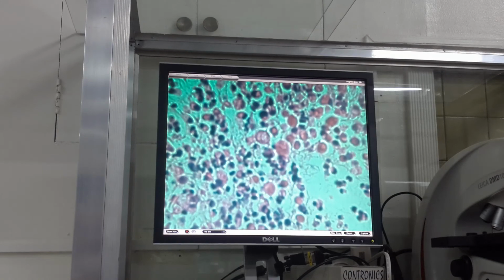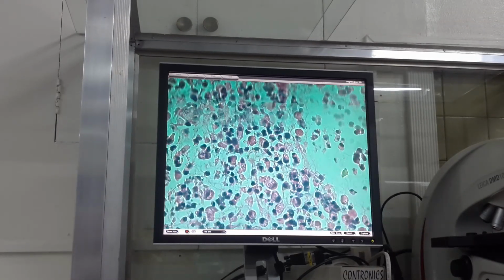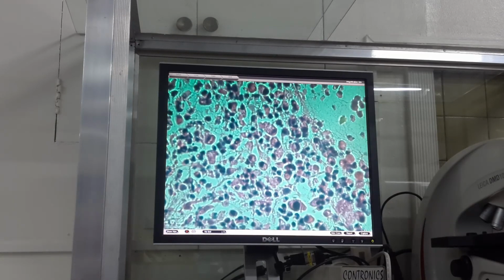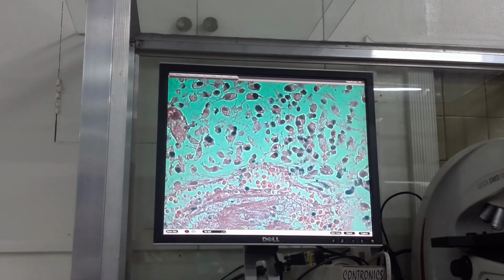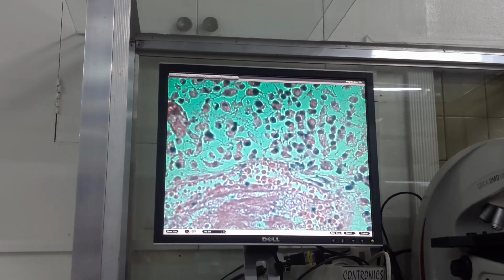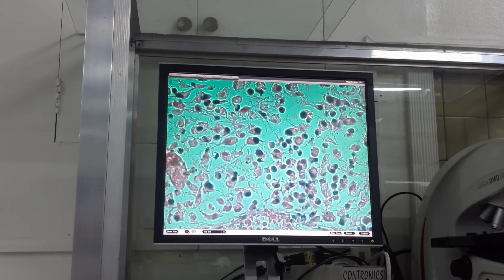Do you still remember your tadpole-shaped cells and your rocket-shaped cells? See, look at the eosinophilic cytoplasm. That's rhabdomyosarcoma. If they're going to show this in your practical examination, they will show you the cells with the eosinophilic cytoplasm. These are not eosinophils. Eosinophils will have a bilobe nucleus. Correct?